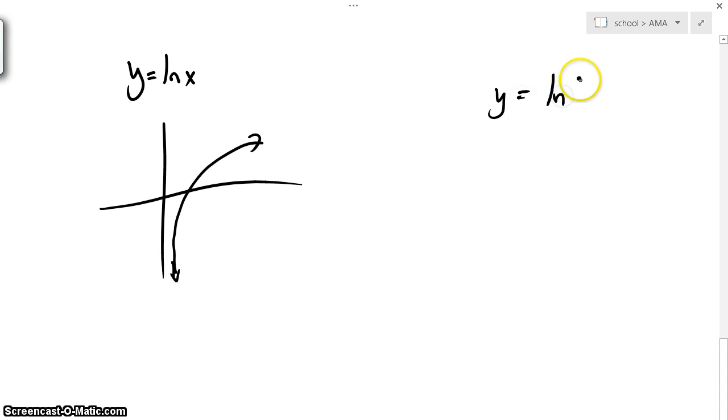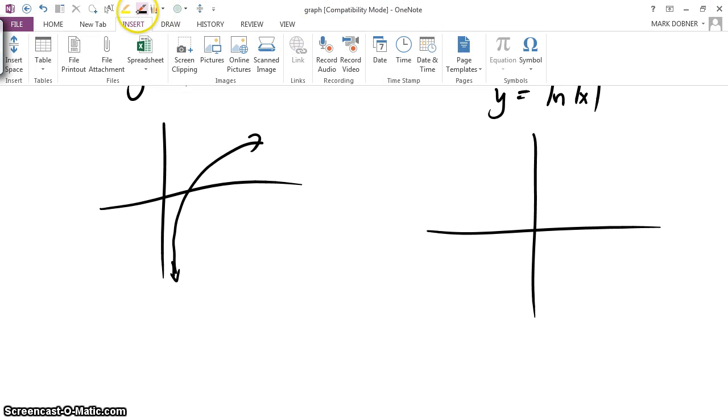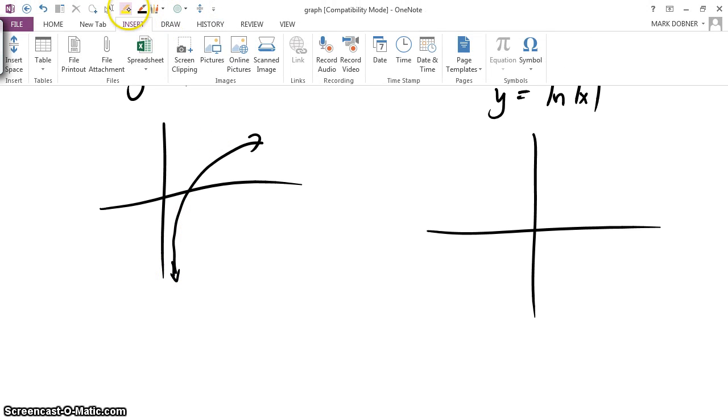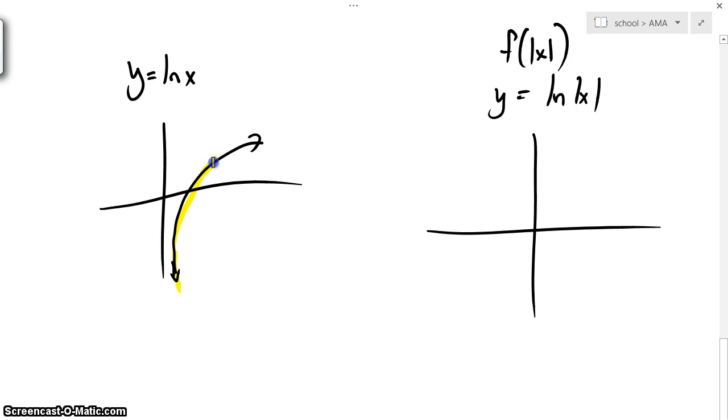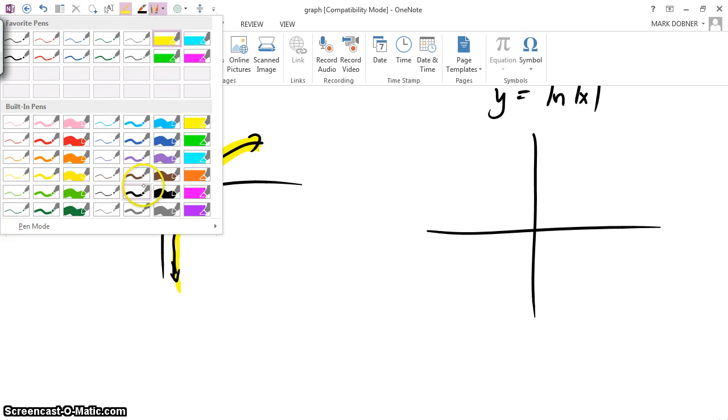But much like we just saw a moment earlier, when you're taking f of the absolute value of x, what's effectively happening is you are going to take the portion of the graph that really is to the right of the y-axis. That is the graph that occurs for non-negative x values.